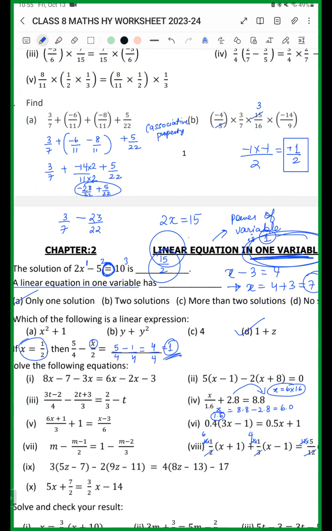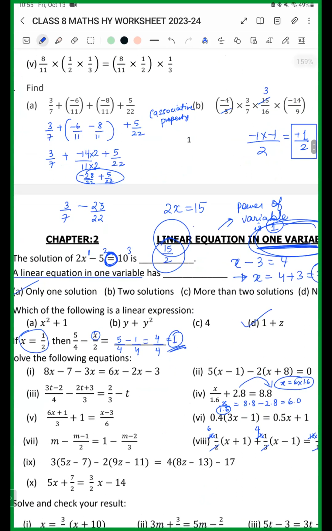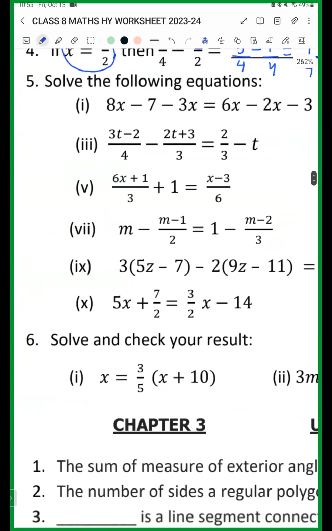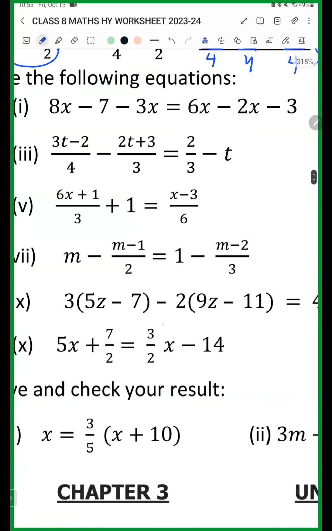Then the 10th one. The 10th one is just take this to the other side, because what do we want? We want all the x's to be together as a family and all the constant terms to be together as a family.